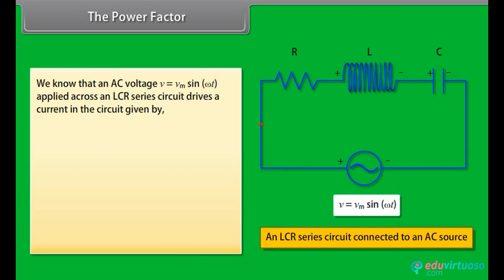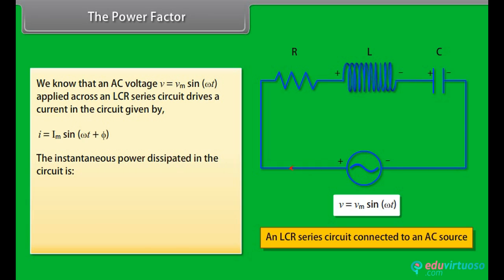The power factor. We know that an AC voltage V equal to Vm sin omega t applied across an LCR series circuit drives a current in the circuit given by Im sin(omega t plus phi).